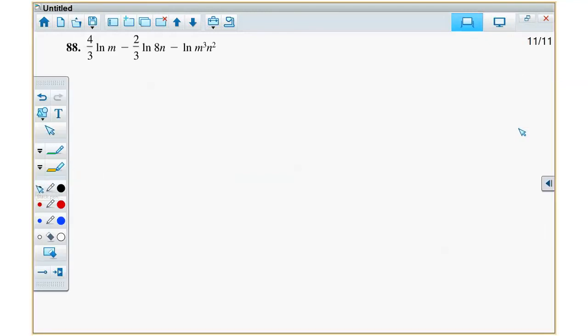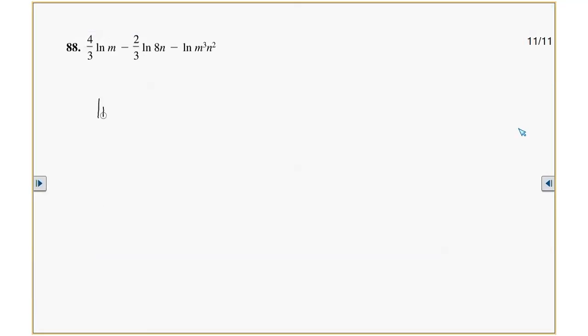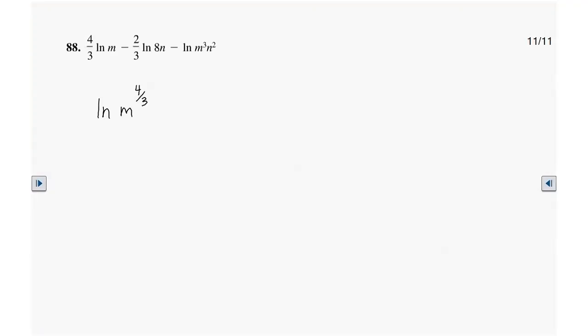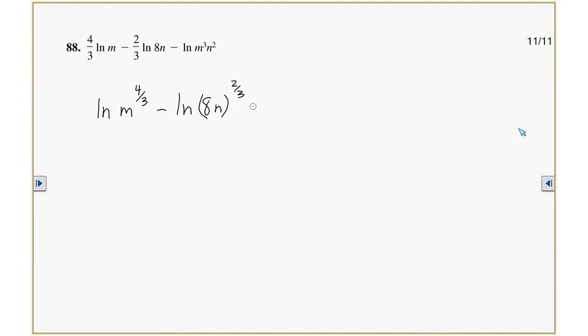All right. So, first of all, get rid of the 2/3 and 4/3. So that's going to be natural log of m to the 4/3 minus natural log of 8n to the 2/3 minus natural log of m cubed n squared. Now that's going to be natural log of what?